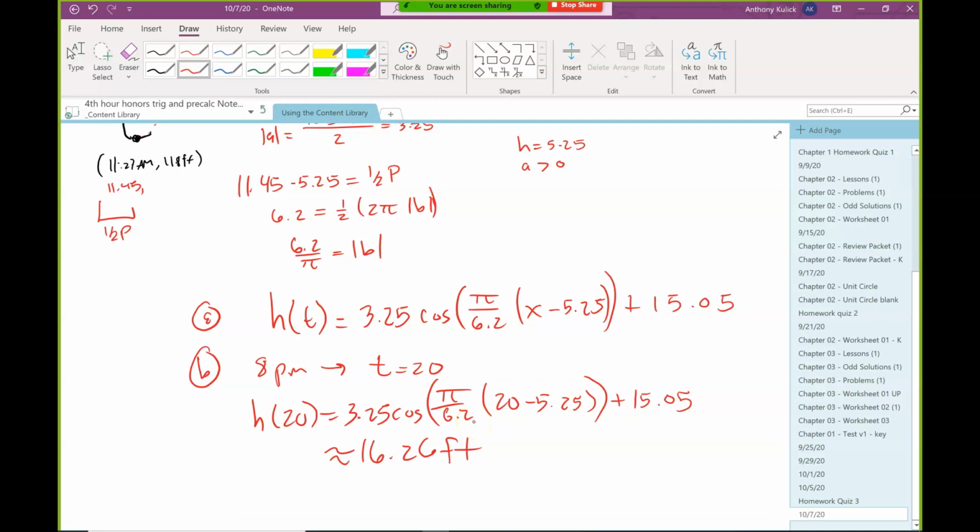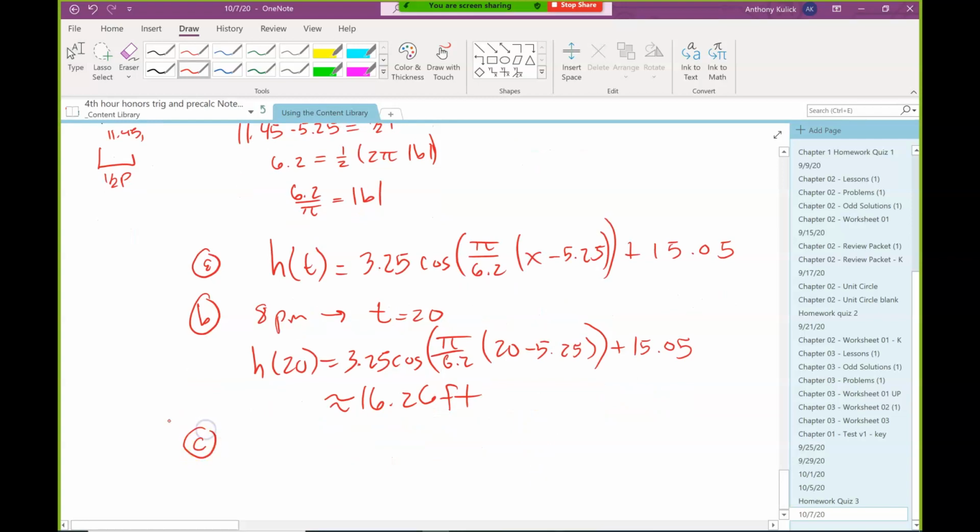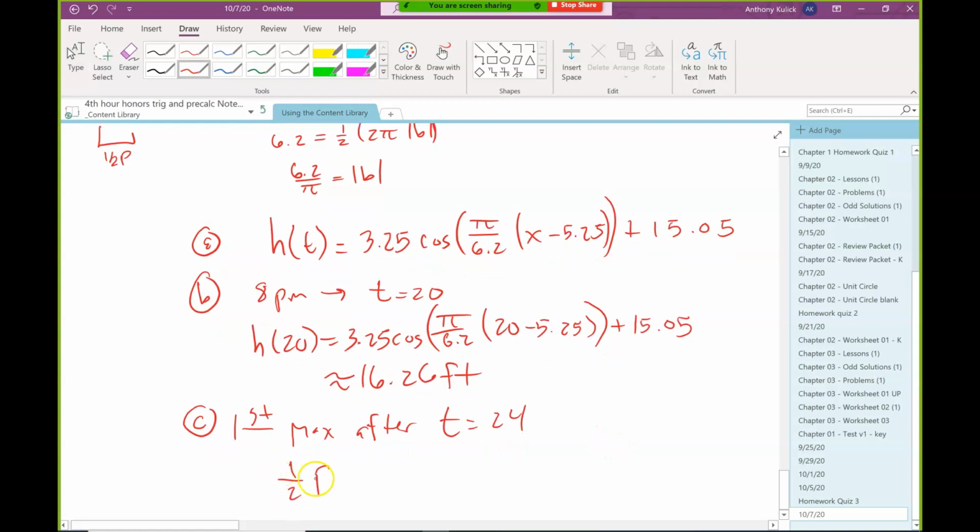And then part C says, when will the first high tide occur the following day? So that is the equivalent of, I want the first maximum after t equals 24. Everybody okay with that? I note that since half a period is 6.2, the period would be 12.4. So I have a maximum at 5.25.